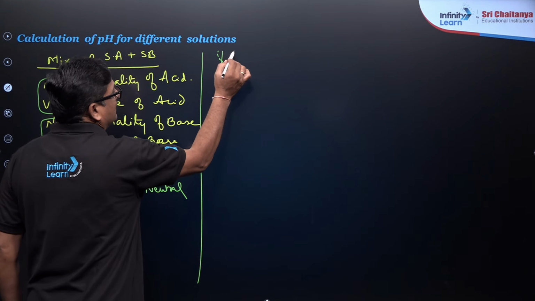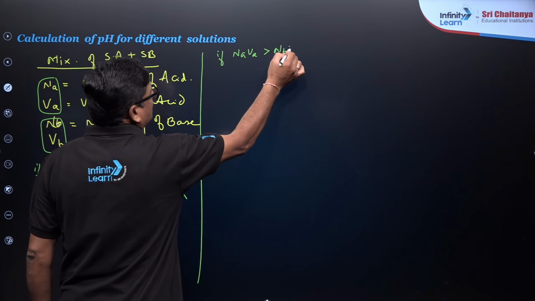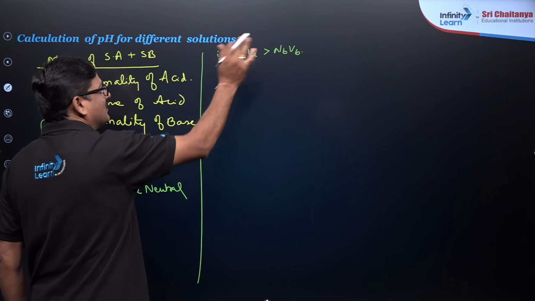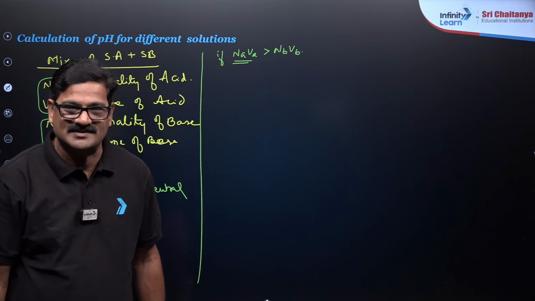Now I want to say, if NaVa is greater than NbVb, so the number of equivalents of the acid is greater than the number of equivalents of the base.